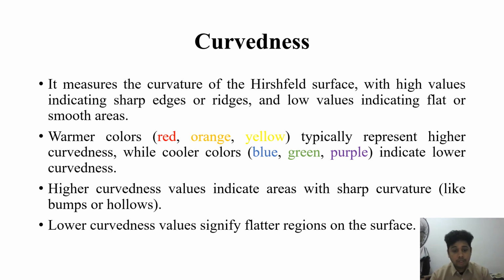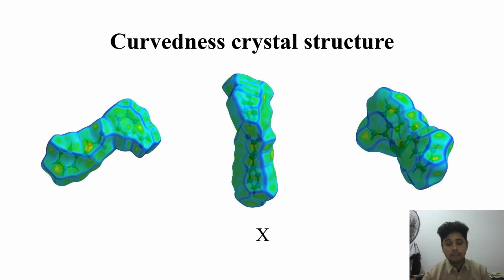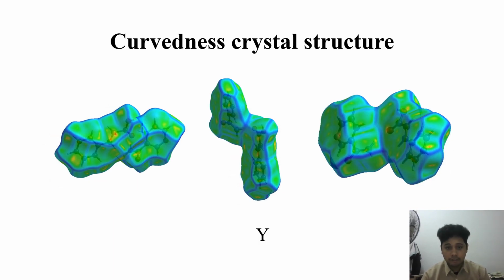Lower curvedness values signify flatter regions on the surface. Here is the curvedness for co-crystal X, and here is the curvedness for co-crystal Y.